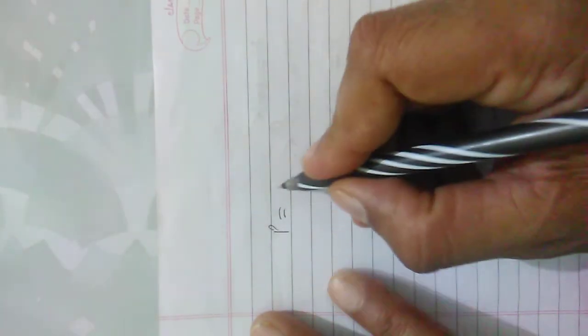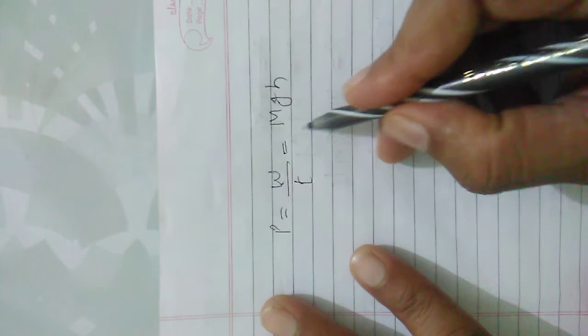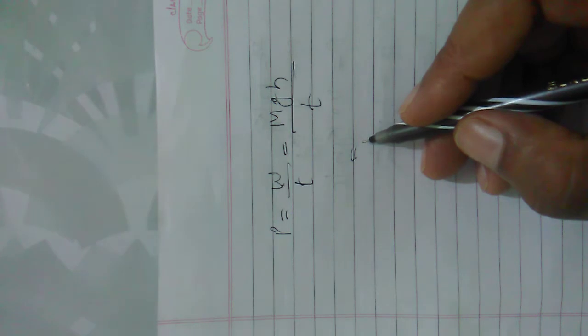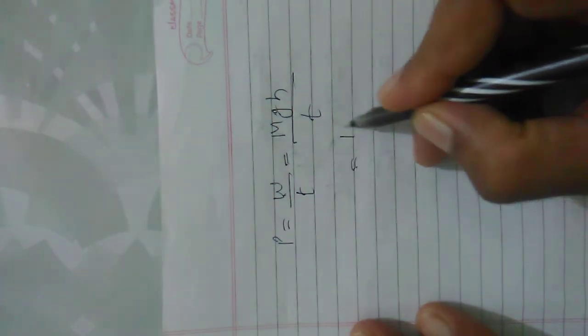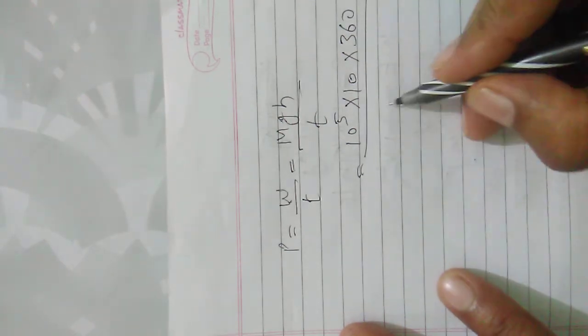So for calculating the power of the engine, we know that P equals W upon T. Now the value of W is not given, but the value of W is equal to the potential energy. So potential energy equals mgh upon T. The value of m is 10^5 kg, g we can take as 10, and height is 360, upon time 1 hour.